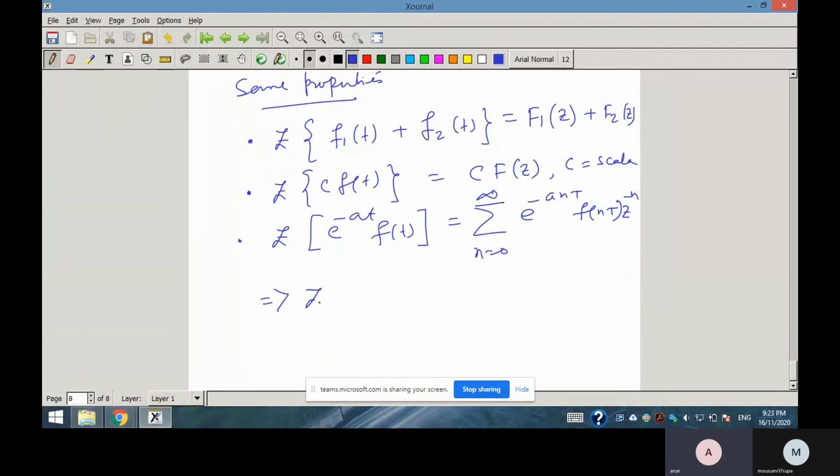So the Z transform of e to the power minus at f(t) is F of e to the power aT into z.